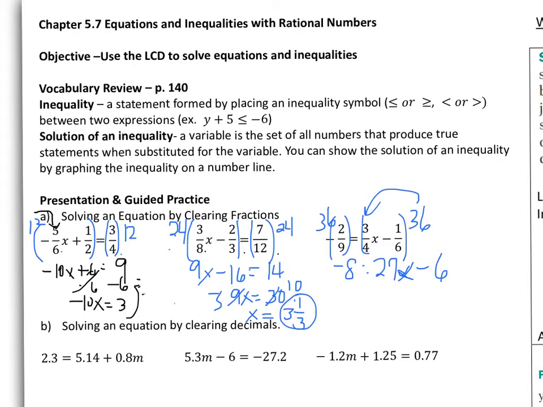Okay, and then we add 6 to both sides. Okay, so 27x equals negative 2. And then x would equal negative 2 over 27.